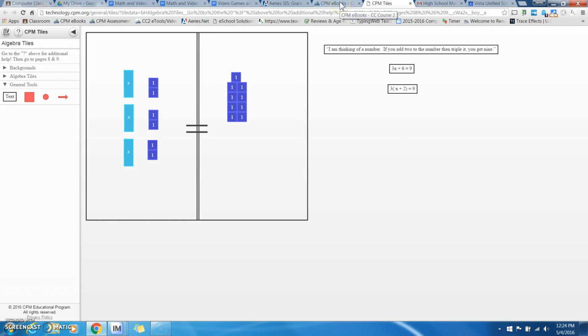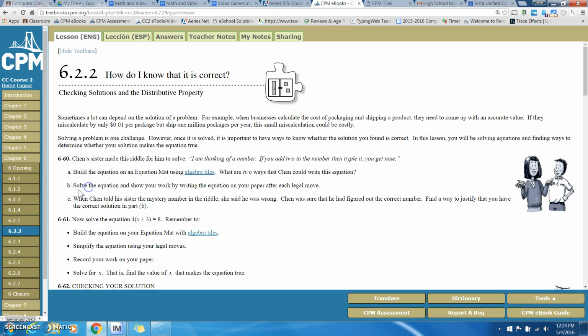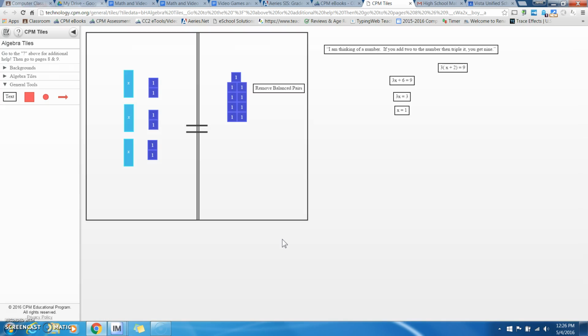Now let's go on to B. B says, solve the equation and show your work by writing the equation on your paper after each legal move. So to simplify this, we're going to need to do a couple of moves. We don't have any 0 pairs, but we can remove balanced pairs. So that's our move for both sides: remove balanced pairs. You can see I have 1, 2, 3, 4, 5, 6 here, and I have 9 over here.